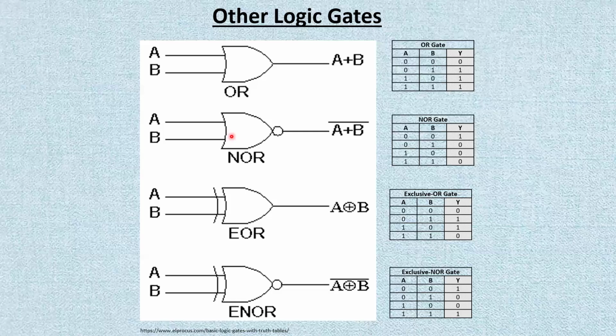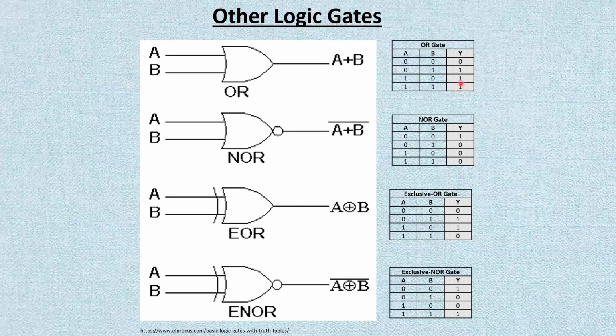Now we have NOR, which is the opposite of OR. And you see here we have that bar on top of the final, most simplified expression, because we have that inversion bubble here. That means that the whole output is going to be inverted, and that is the symbol that signifies the inversion.